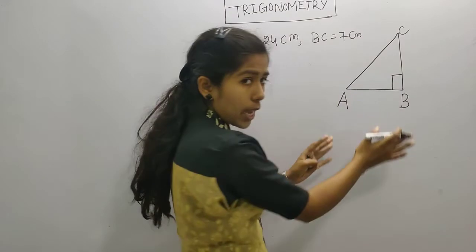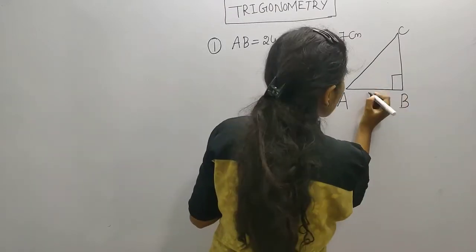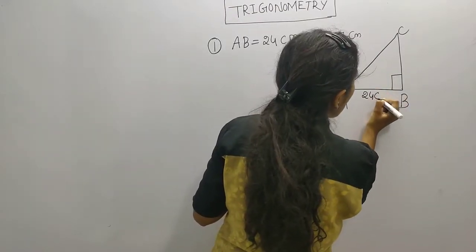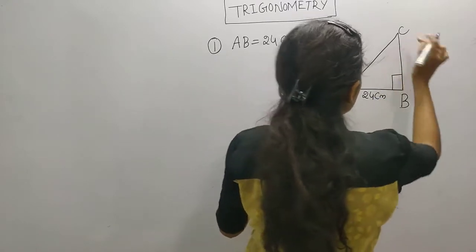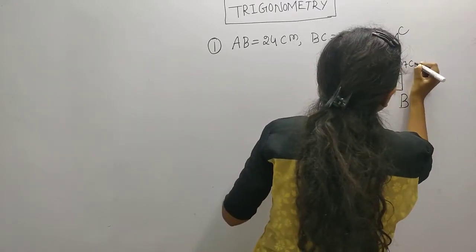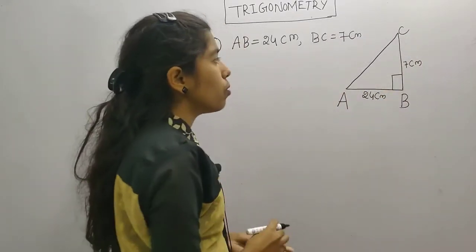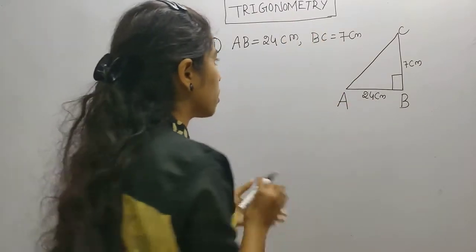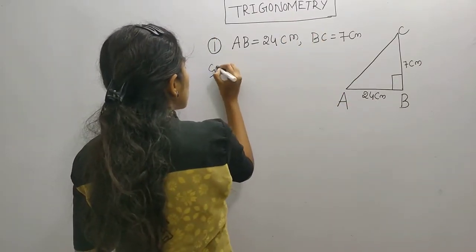So in the diagram we will write AB is given as 24 cm, and BC is 7 cm. So let's go to the solution.